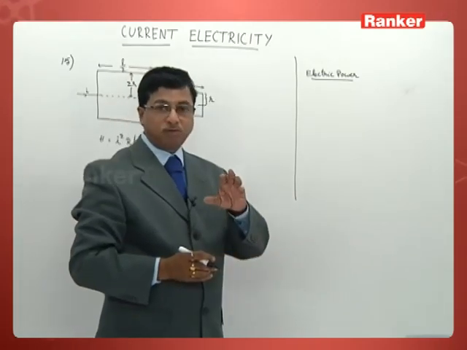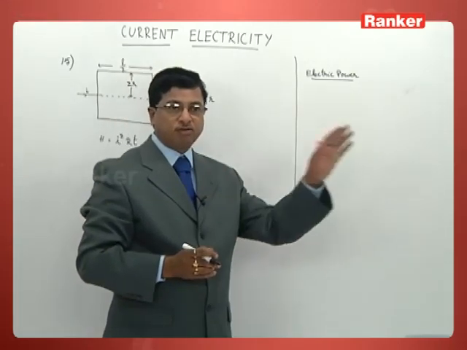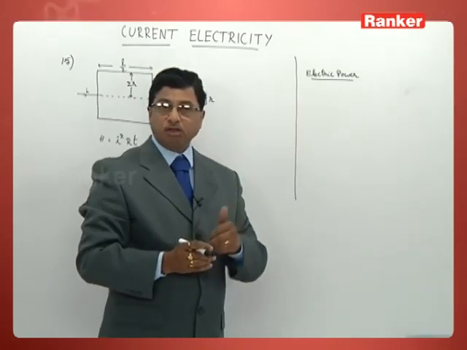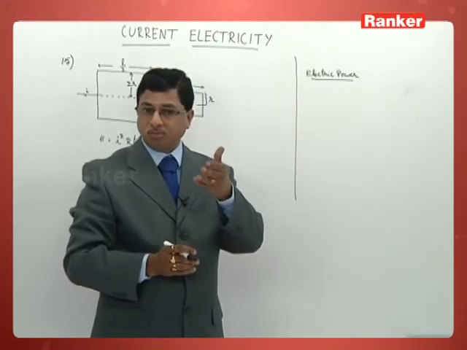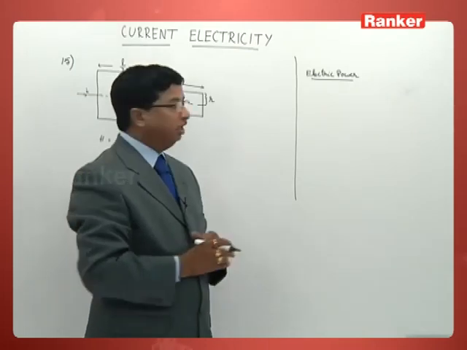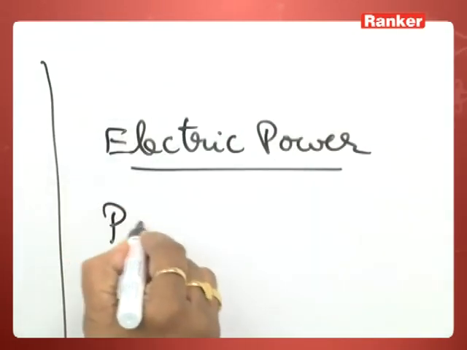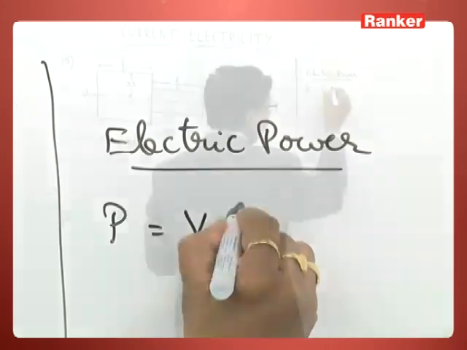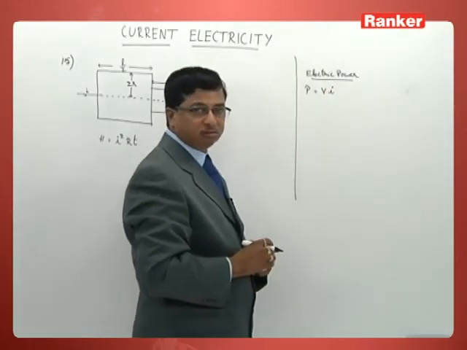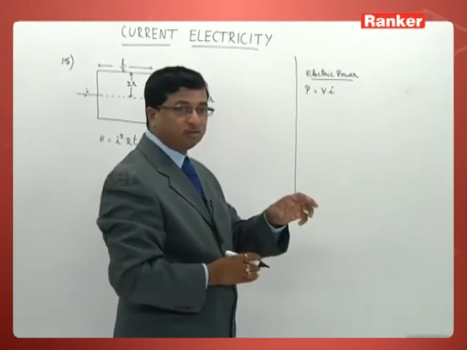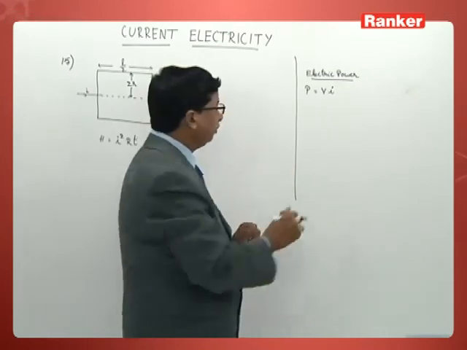In fact, I am going to give you 3 chains of equations which are useful in solving such model problems. Electric power can be written as voltage into current, potential difference into the current value.